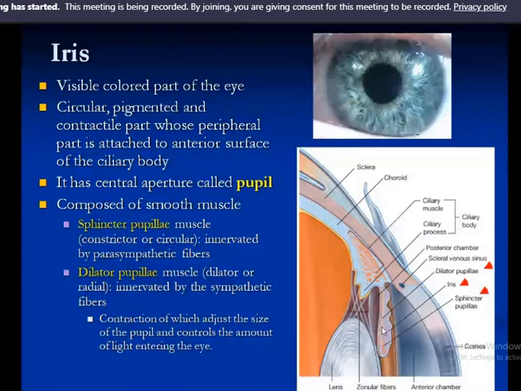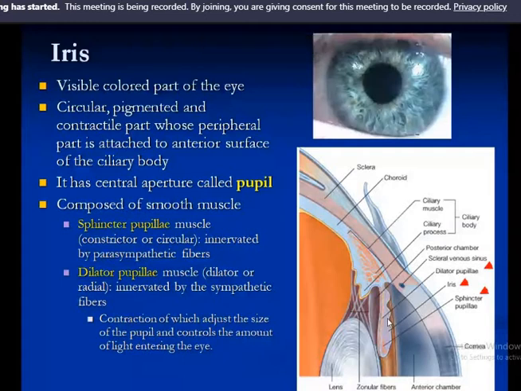Sphincter pupillae has got the parasympathetic innervation, dilator pupillae has got the sympathetic innervation. Now next, when the dilator pupillae will contract, के हुन्छ? There will be the dilation of the pupil. Sphincter pupillae contract भयो भने there will be the constriction of the pupil.